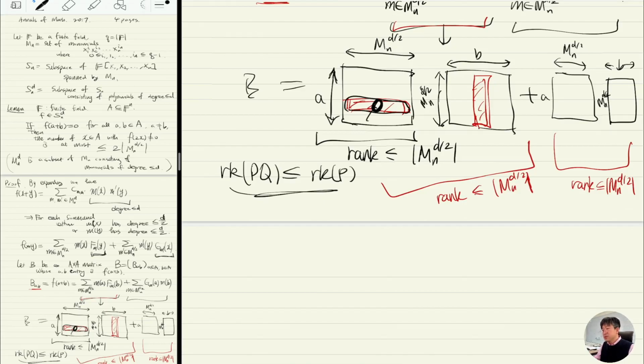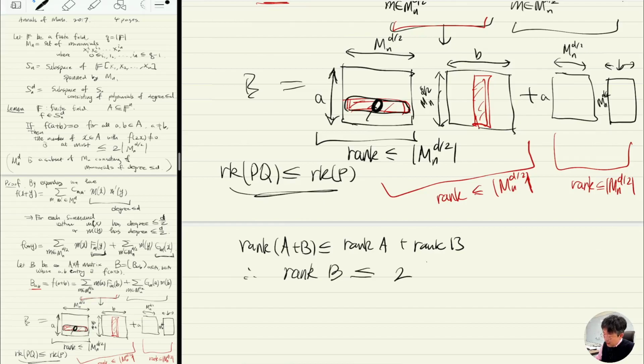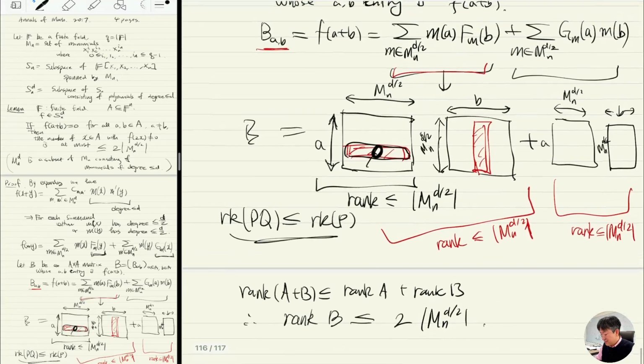So it's two matrices of rank at most that, and the rank of A plus B is at most rank of A plus rank of B, because rank depends on the column space. The column space of A plus B is spanned by the column space of A plus the column space of B. Therefore, the rank is at most twice this. All right?